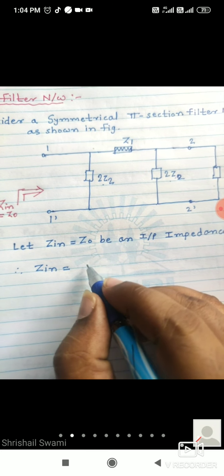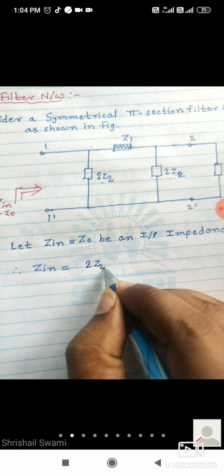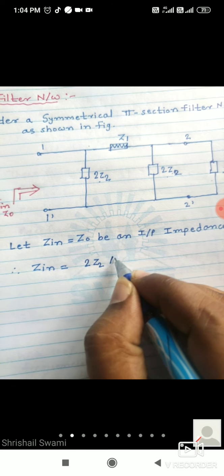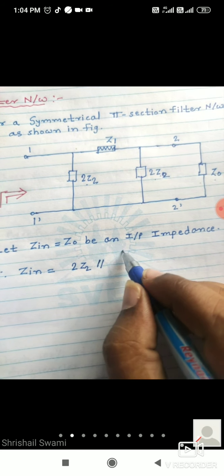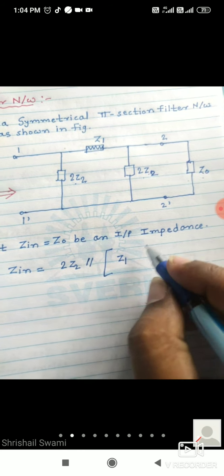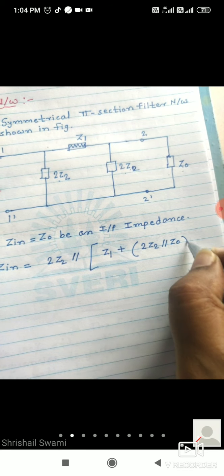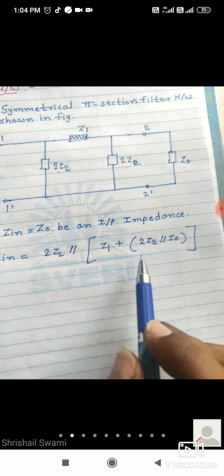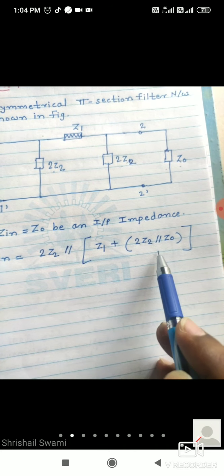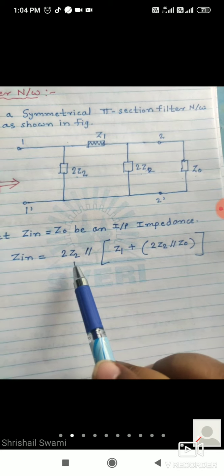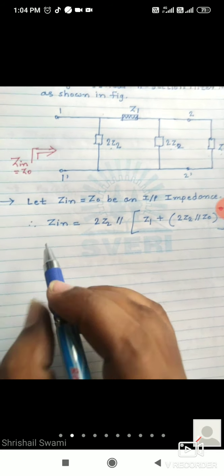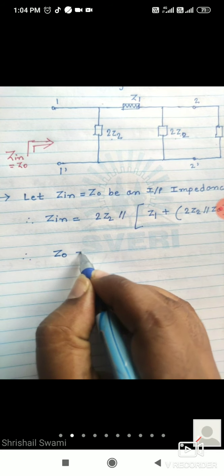So first of all we will write: 2Z2 is in parallel with Z1 plus the parallel combination of 2Z2 and Z0. So this is the write up. 2Z2 and Z0 are in parallel, that is in series with Z1, and that is in parallel with 2Z2. Understood? Now Zin is replaced by what? Z0 on the left hand side. So you can solve this one.